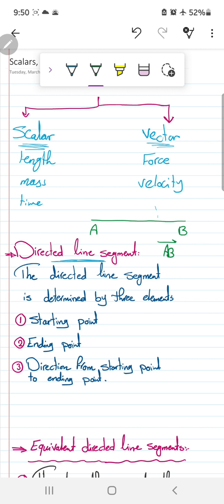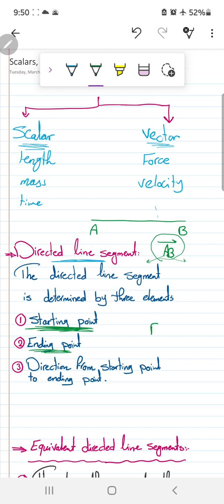Here we have three conditions to set the line segment AB as a directed line segment. First, we have a starting point, an ending point, and the direction from the starting point to the ending point. It means that if we have the directed line segment AB, A is the starting point, B is its ending point, and the direction is from A to B.